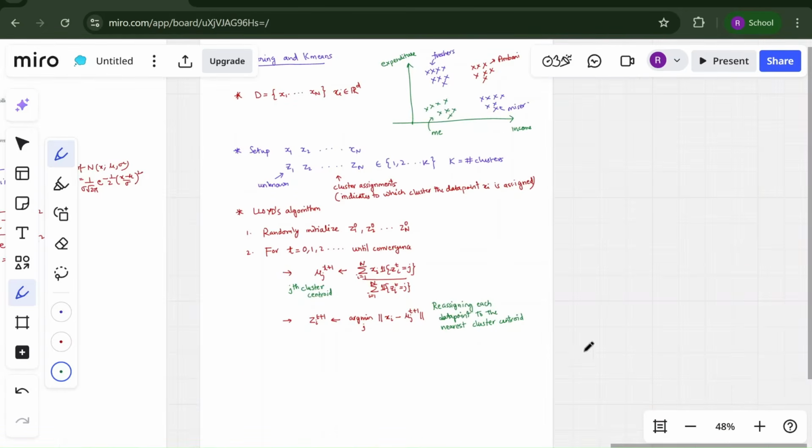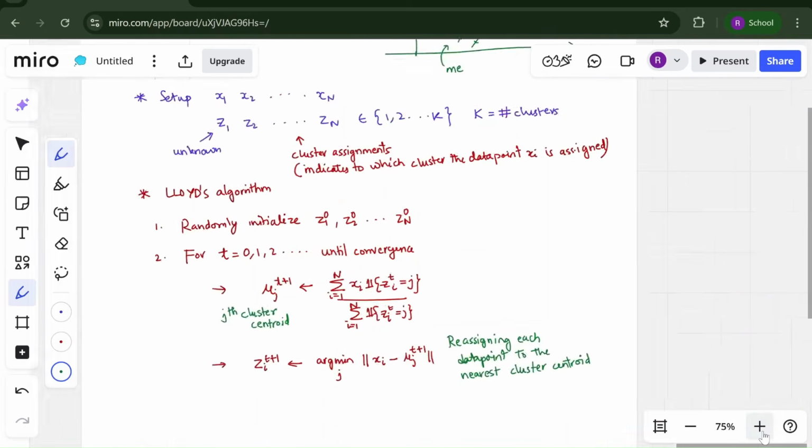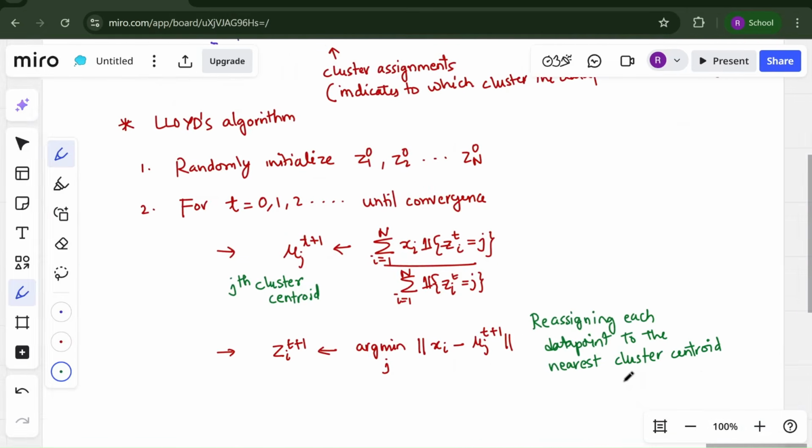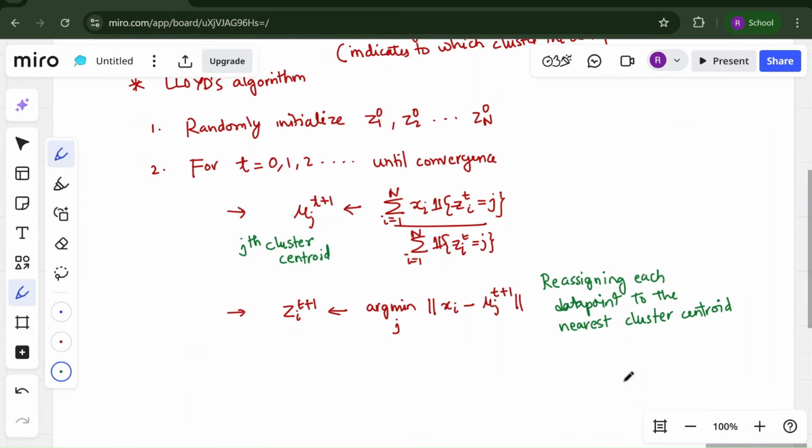One more thing I want to mention is that you can also start by randomly initializing the mu j's. That is also possible. That algorithm will also be similar. Let me just make a note of it.